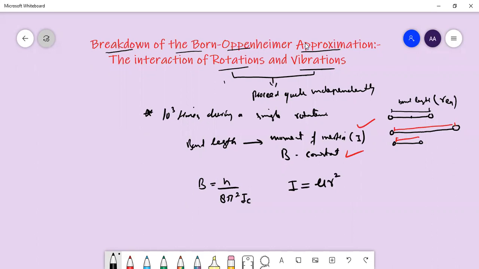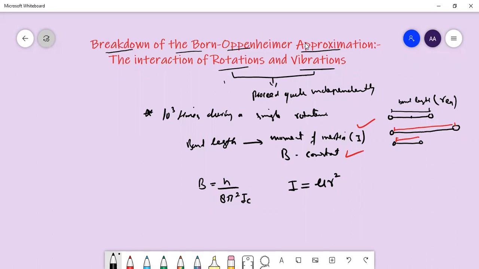It means that the moment of inertia is inversely related to our rotational constant B, and again, the moment of inertia is directly related to r, the bond length of the molecule. So if there is a change in the bond length, it will also lead to a change in the moment of inertia and the rotational constant of that molecule.